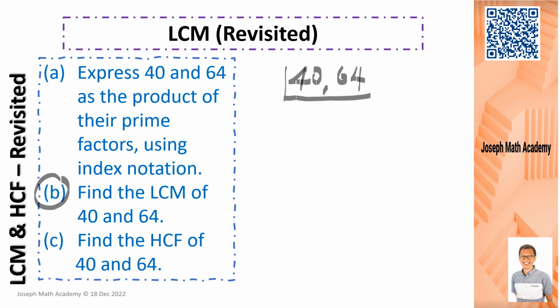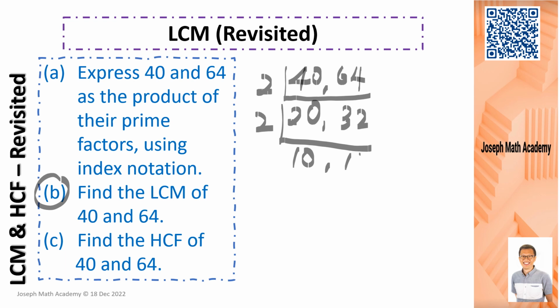When we put 40 and 64 in the repeated division symbol side by side, we just proceed as per normal by dividing by the smallest prime number, which is 2. 40 divided by 2 gives us 20. Let's now do the 64. It gives us 32. Both are even numbers, so I can proceed. Now, 20 divided by 2 gives us 10. 32 divided by 2 gets 16, so I can still proceed because 10 and 16 are still even numbers. We have 2, we have 5, and 8.